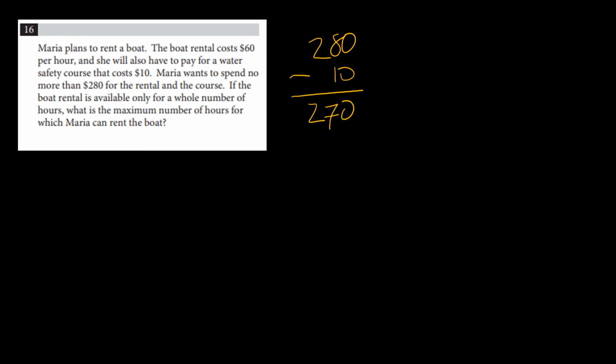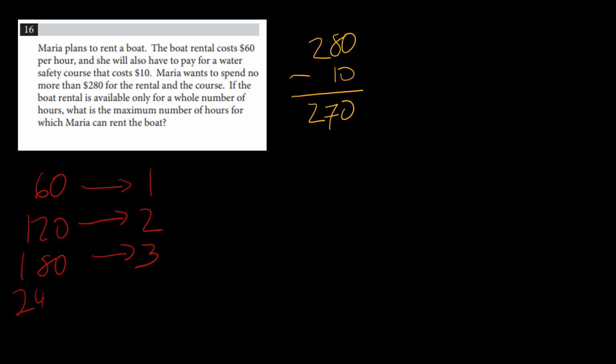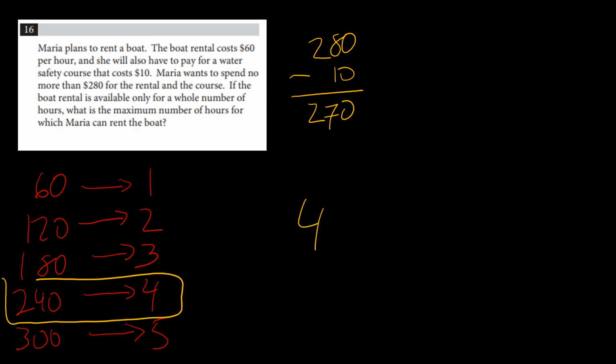So we're at $270 now. $60 is 1 hour, $120 would get us 2 hours, 180 would get us 3 hours, 240 would get us 4 hours, and 300 would get us 5 hours. So we need the biggest one that's less than 270. It's going to be that right there. So 4 hours is the max.